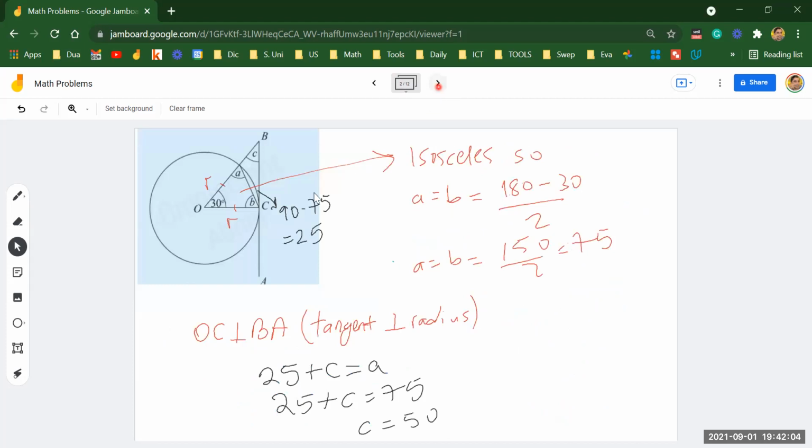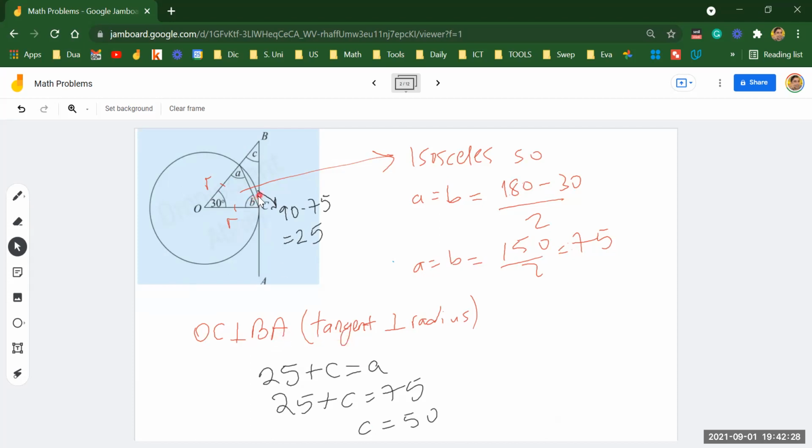The second question is about this one here. These two are radii. That's why this triangle is isosceles. So A and B are equal. To find angle B, 180 minus 30, over 2. So we get 75 each, 75, 75. Another thing is OC is a radius and AB is a tangent, so they are perpendicular.